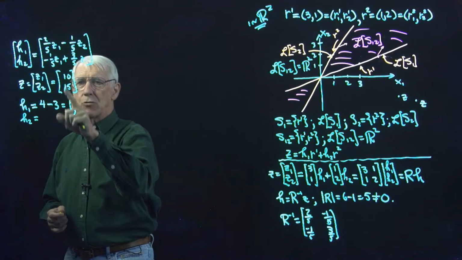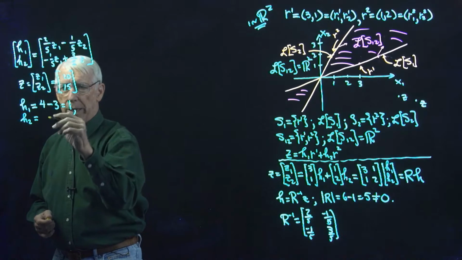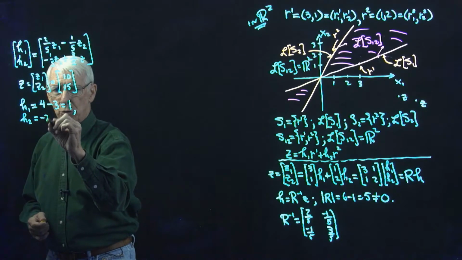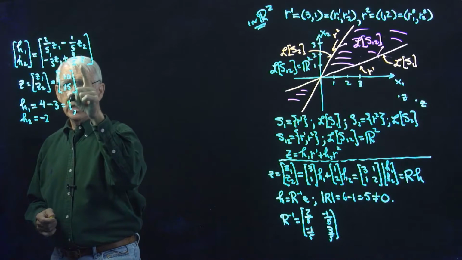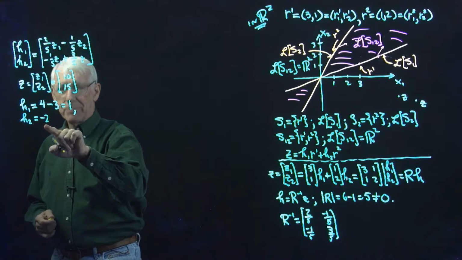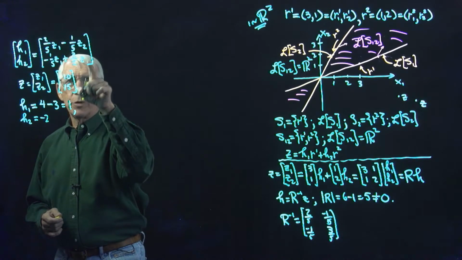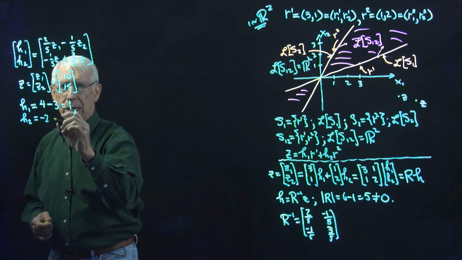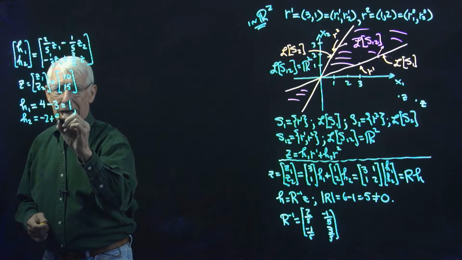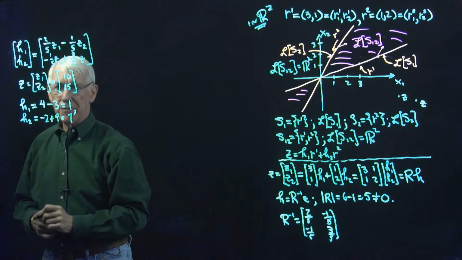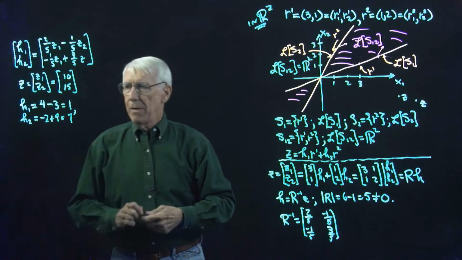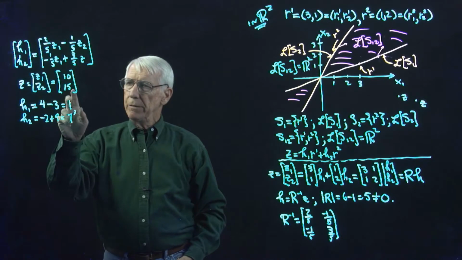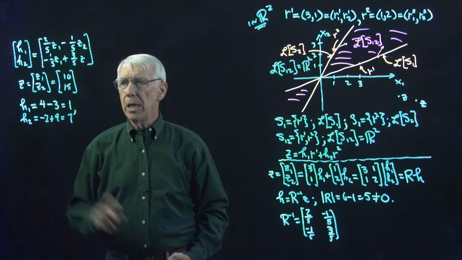H2 has to be minus 1/5 of Z1. That would be minus 2. And plus 3/5 of Z2, 3/5 of 15 is 9. So this is 7.